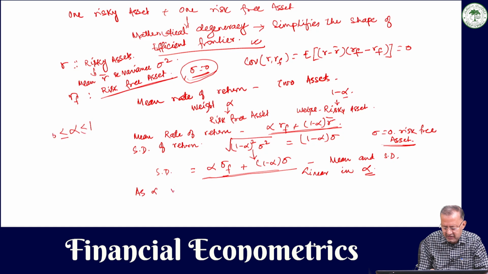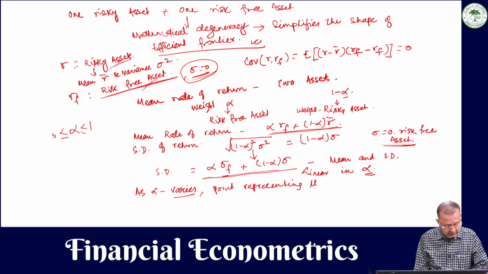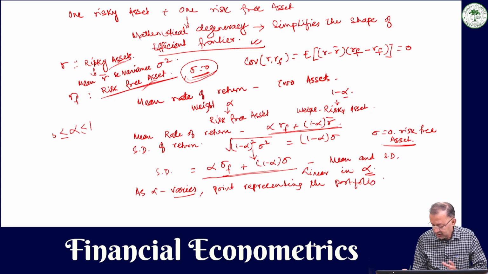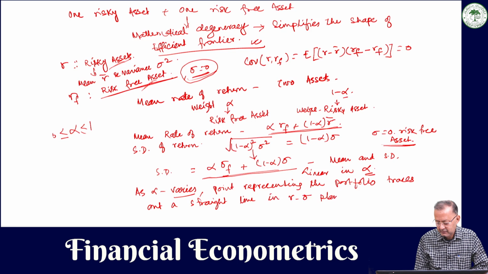So, as alpha varies, the point representing the portfolio, how much will be invested in risky assets and how much will be invested in risk-free asset, the point representing the portfolio traces out a straight line in R sigma plane.